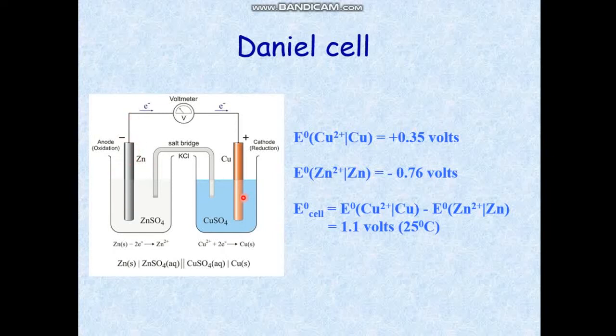On the other hand, copper is much lower in the electrochemical series, and it has the tendency to attract or consume electrons in order to become copper metal from the copper 2+ or cupric ion.